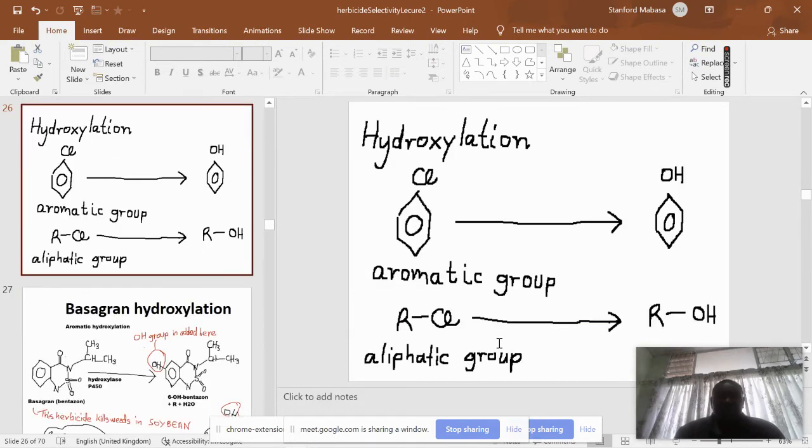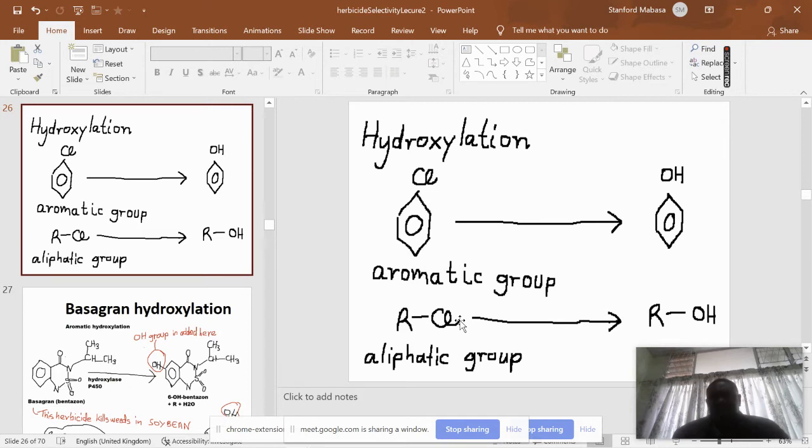So let us look at the first one, hydroxylation. Now, in hydroxylation, the herbicide should carry a halogen, a chlorine. This is an aromatic group or a benzene ring, but what will cause hydroxylation is the presence of chlorine. It could be what is known as the aliphatic group, where we represent it by RCl.